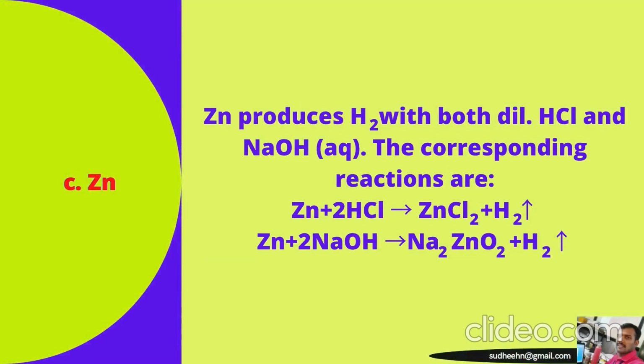The corresponding reactions: when zinc reacts with 2 moles of hydrochloric acid, it gives ZnCl2, that is zinc chloride, and hydrogen gas is liberated. When zinc reacts with 2 molecules of sodium hydroxide, it gives Na2ZnO2, that is sodium zincate, plus hydrogen gas. So the right option is option C, that is zinc.